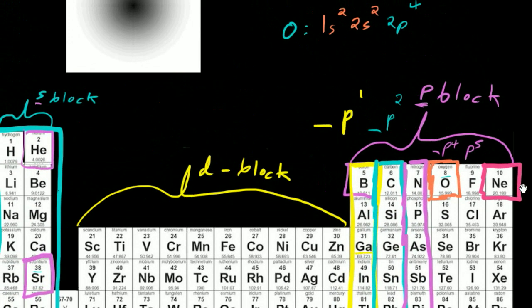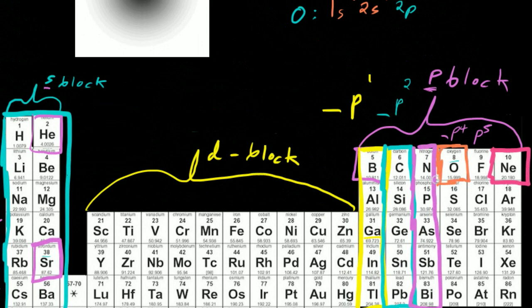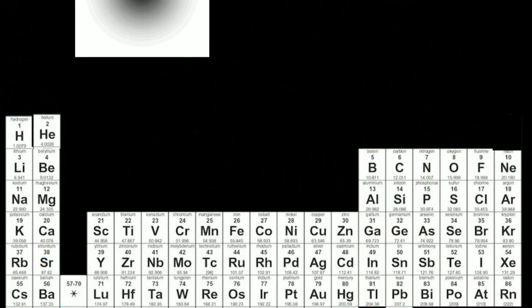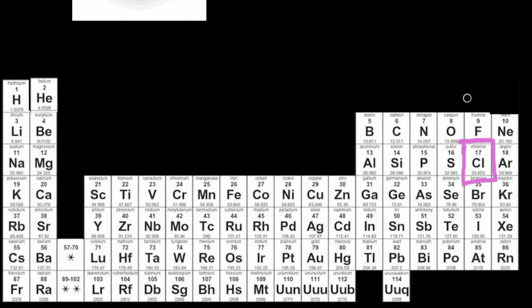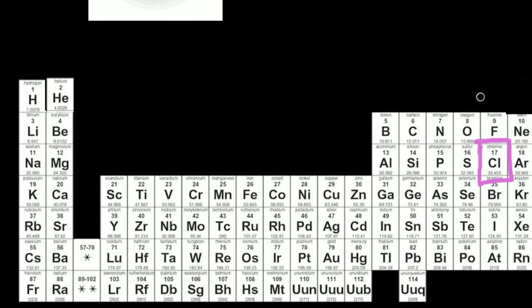So with that, let's actually do another electron configuration. Actually, I'm going to clear off my writing, except I'm going to just remember that this is the p block that we're looking at. Let's do the electron configuration for chlorine. So we know that this is in the column where our last entry is going to be whatever period we're in, P5, right?